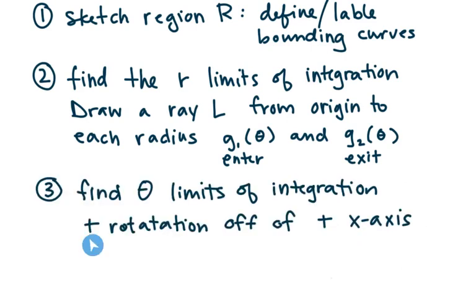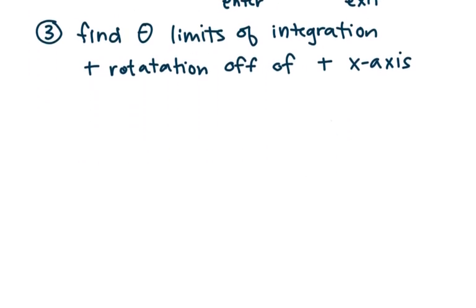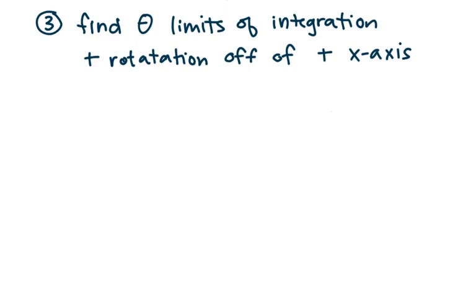And then the last thing we'll do will be to find those theta limits of integration, which is a positive rotation off the x-axis. So I'm going to think about this in both dimensions.